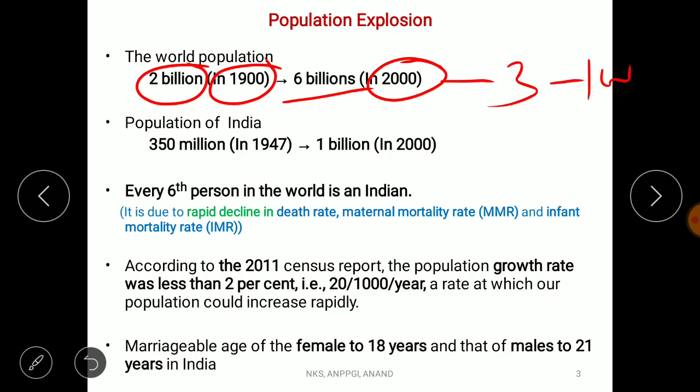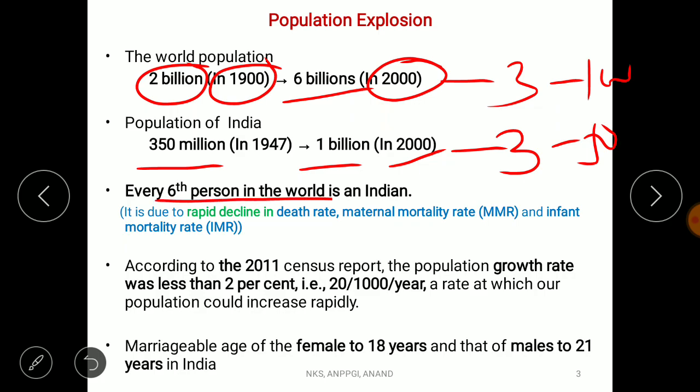The population of India at the time of independence was approximately 350 million, and it became 1 billion by the year 2000. That means it is also approximately 3 times, but in 50 years only. So every sixth person in the world is an Indian, right?